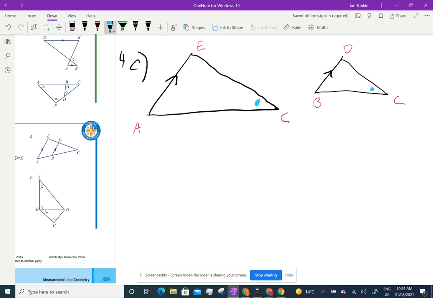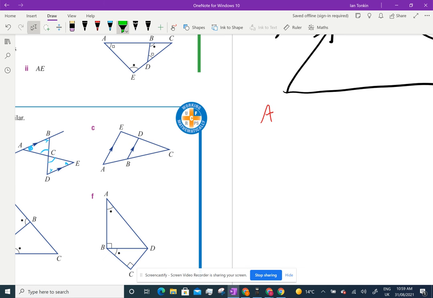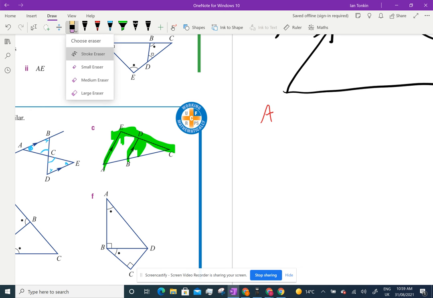And we know that this angle and this angle are the same because if I look back here, there's the F. So this angle and this angle are the same because they're corresponding.